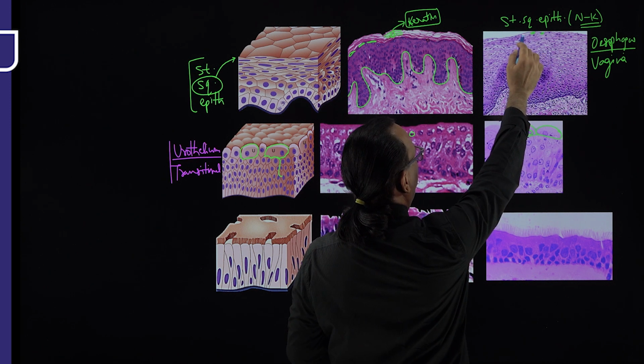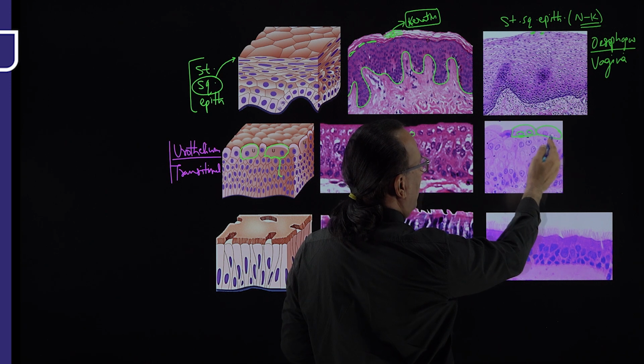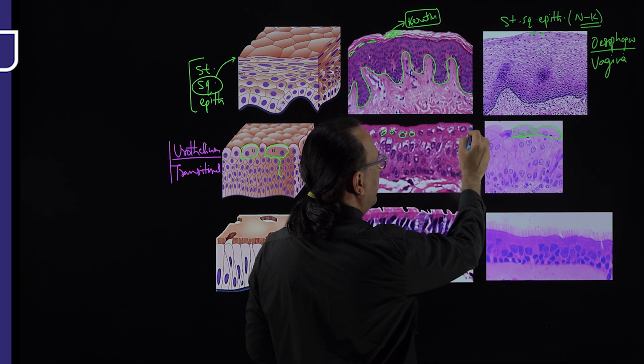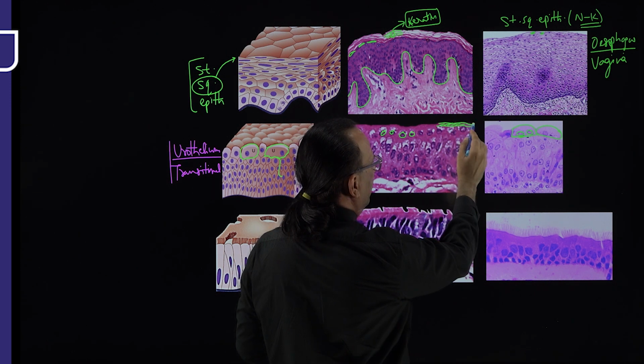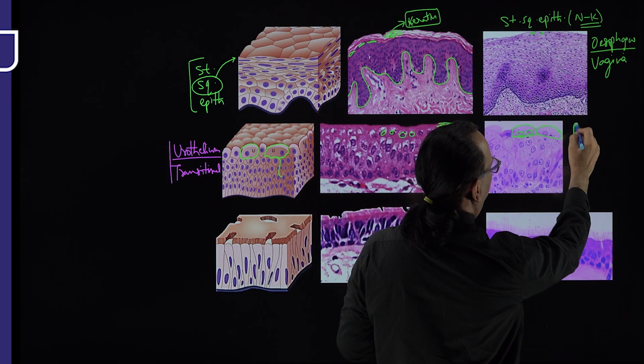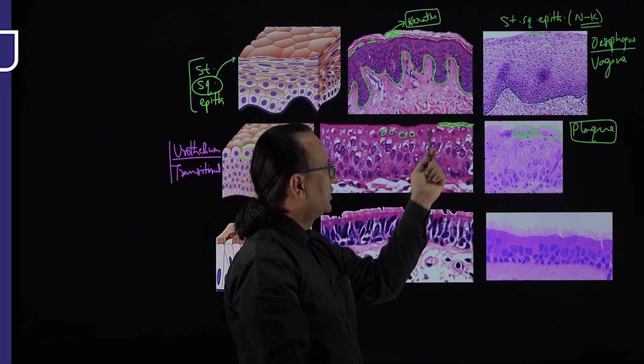You compare the topmost cells of stratified squamous with the transitional, they are definitely very large. And because of that reserve cell membrane, they can give us this eosinophilic plaque-like appearance. Because of the reserve cell membrane, the plaque-like appearance comes towards the luminal side in transitional epithelium.